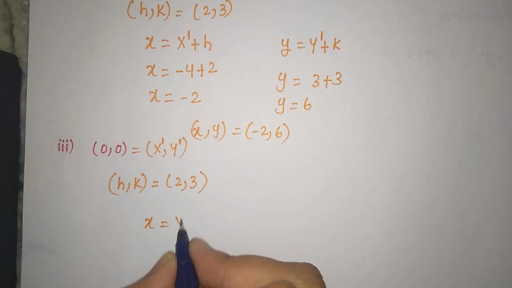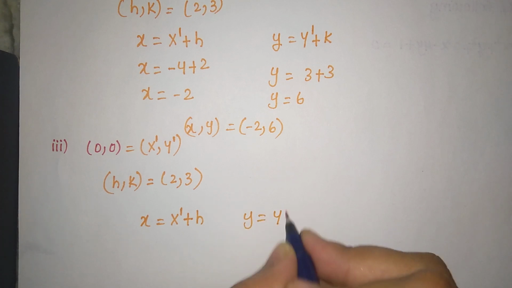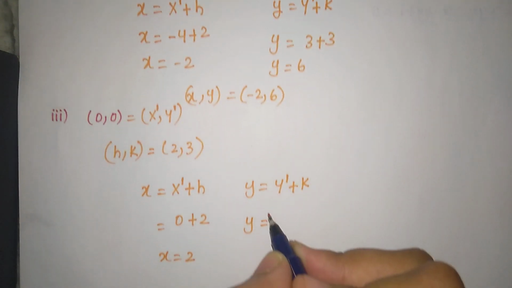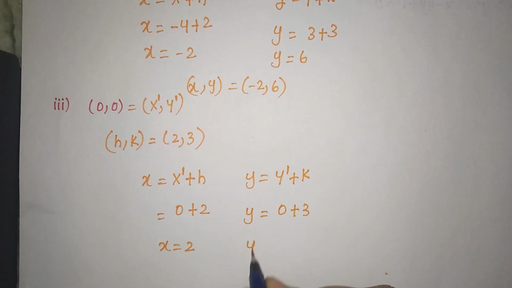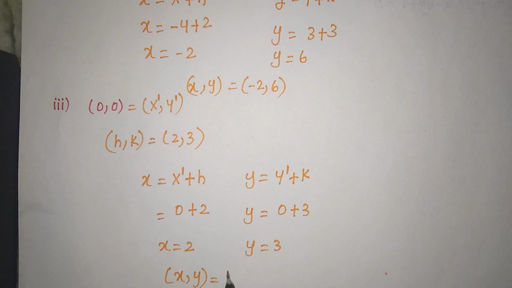Small x is equal to capital X dash plus h. Small y is equal to capital Y dash plus k. Small x we don't know. We know capital X plus 2. X is equal to 2. Y is equal to 0 plus 3. Y is equal to 3. So small x comma small y are 2 comma 3.